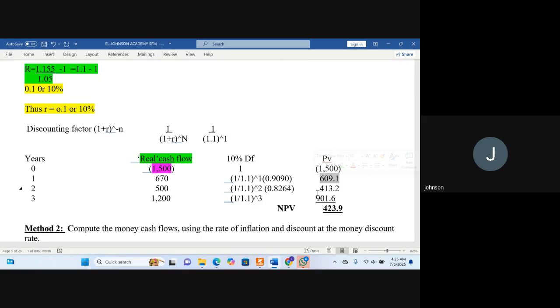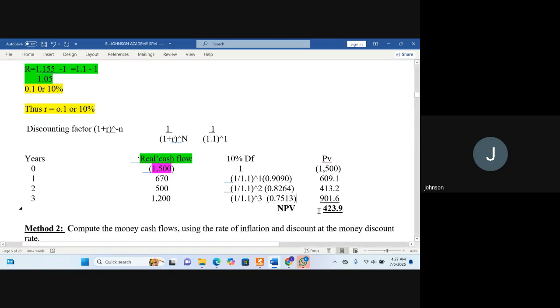Can you tell me? 0.7513. Okay. So once you do that, you now use this discount factor that you've calculated to multiply the original cash flow. So it will now reduce the cash flow to this figure that we have, 901.6.